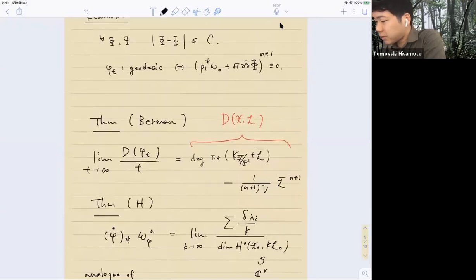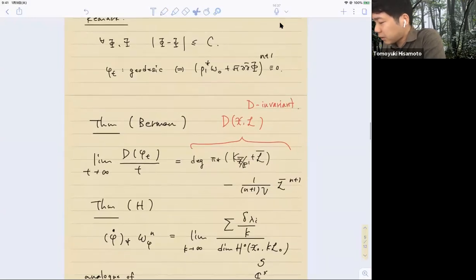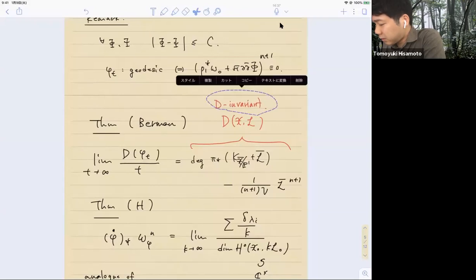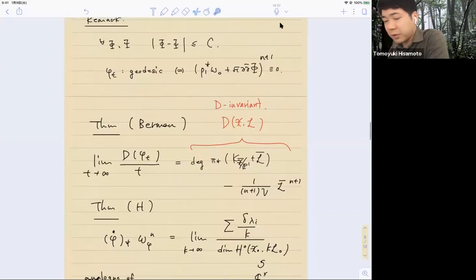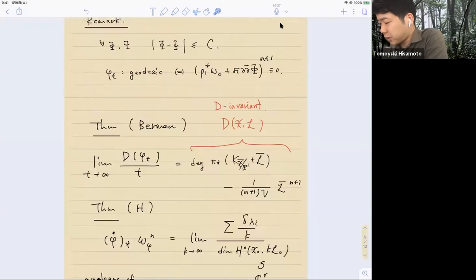We call this the D invariant. So the existence of a Kähler-Einstein metric, for example, corresponds to the positivity of these D invariants for test configurations.